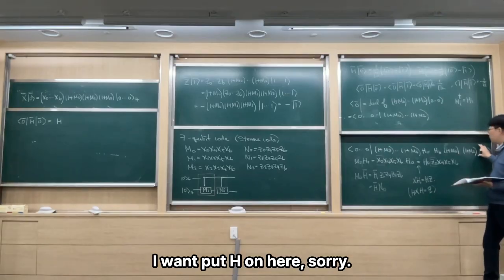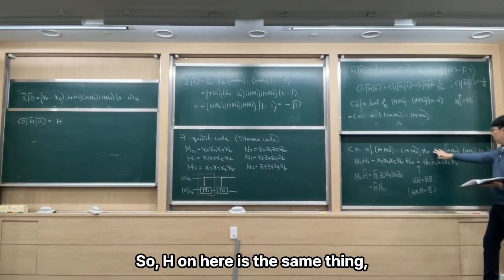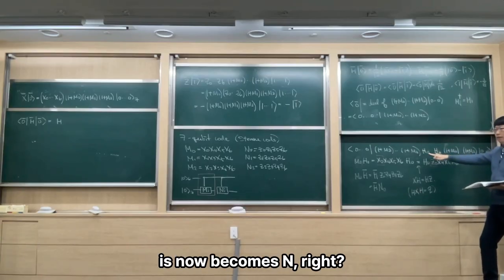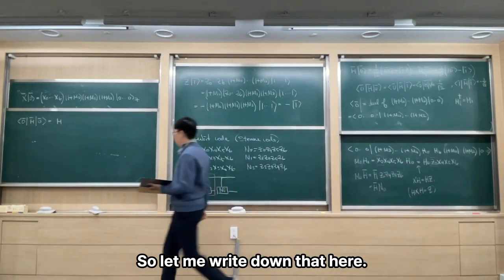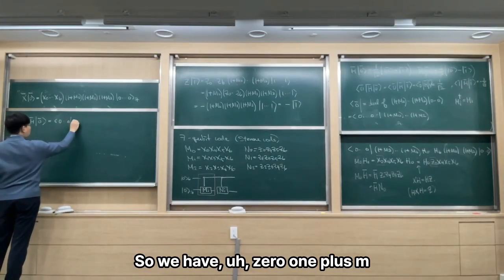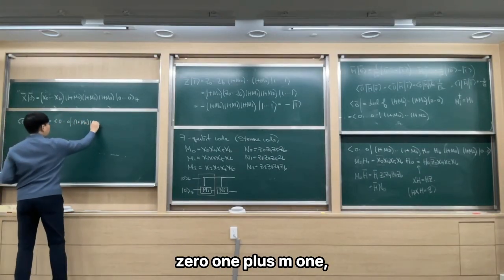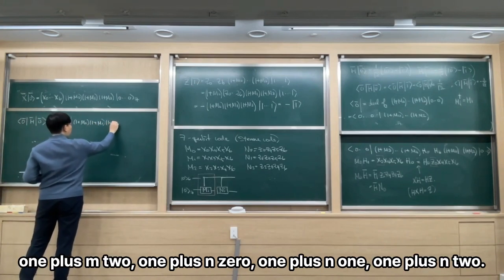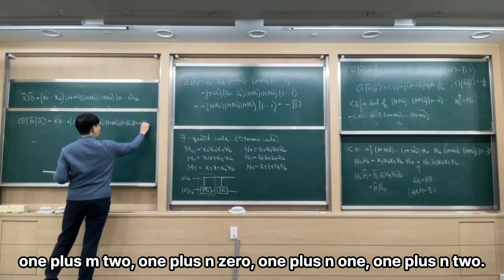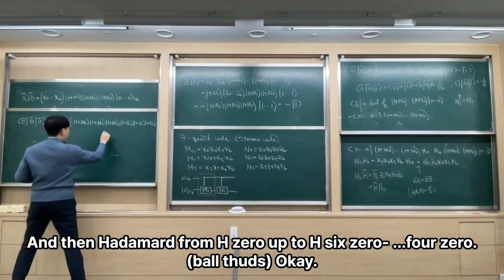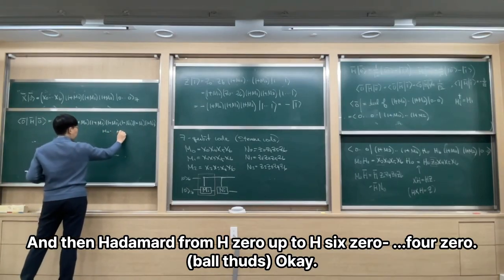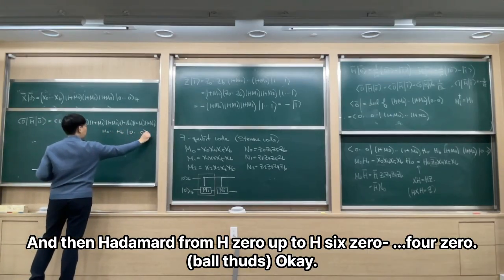I want to put h on here, sorry. So h on here, it's the same thing. So the m's on the right, on this part, now become n, right? So let me write that down here. So we have 0, 1 plus m0, 1 plus m1, 1 plus m2, 1 plus n0, 1 plus n1, 1 plus n2, and then Hadamard from h0 up to h6, 0, 0.